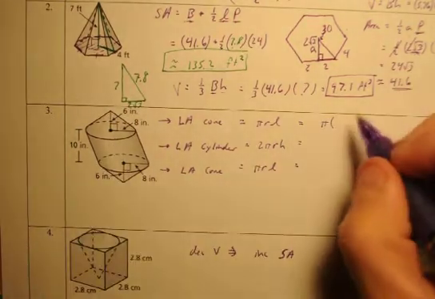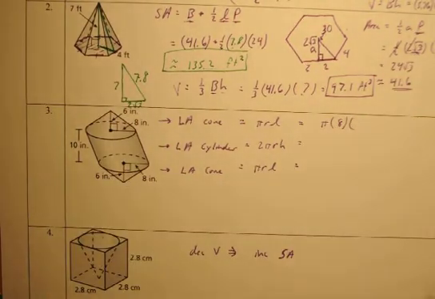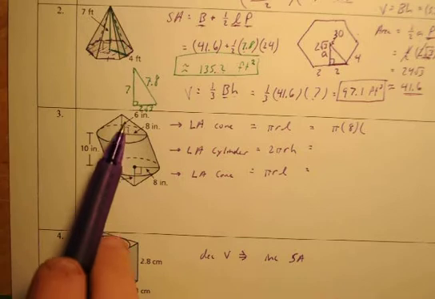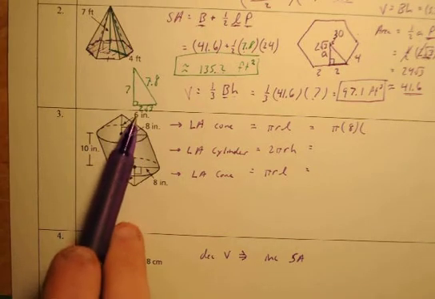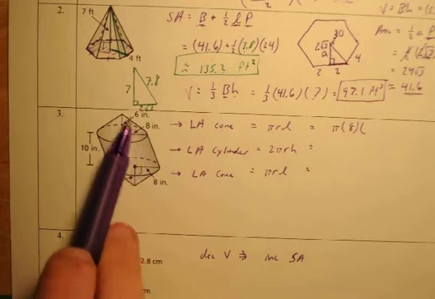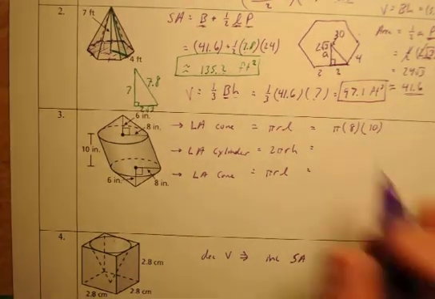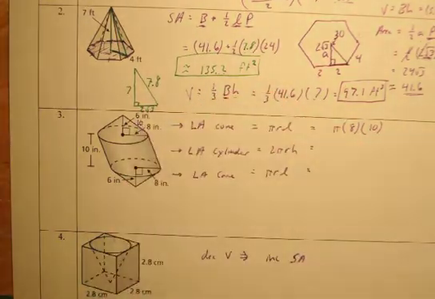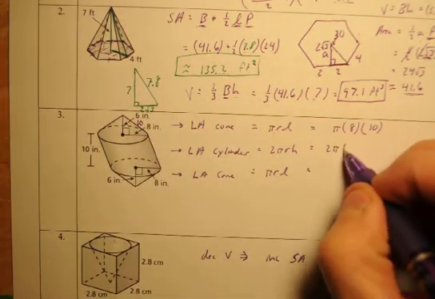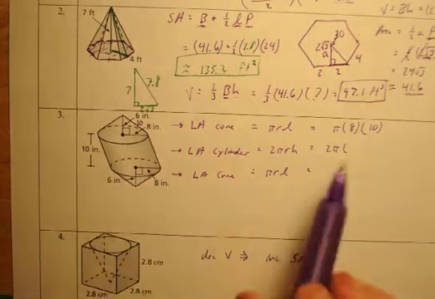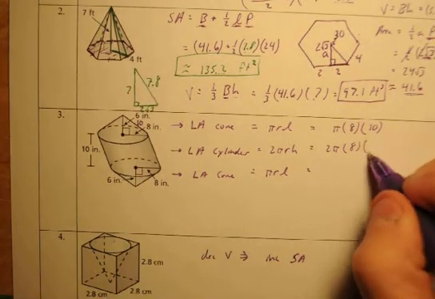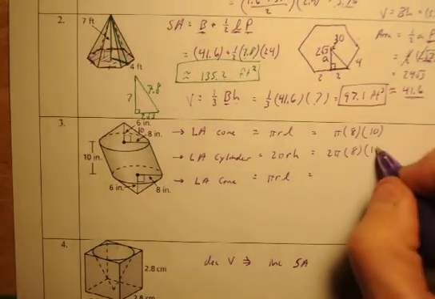The radius is 8. The slant height, well, this is a 3, 4, 5 right triangle. 3 times 2, 4 times 2, 5 times 2, which makes the slant height have to be 10. The radius again is 8 of the cylinder, and the height is 10.